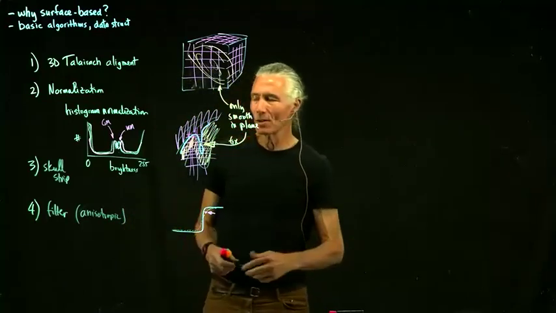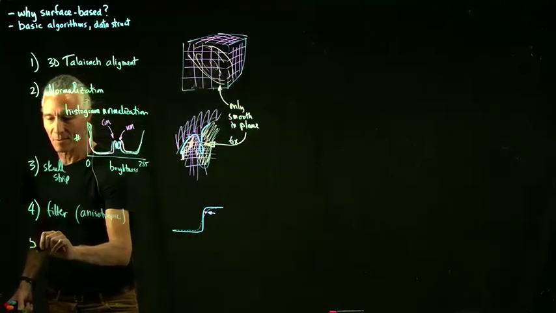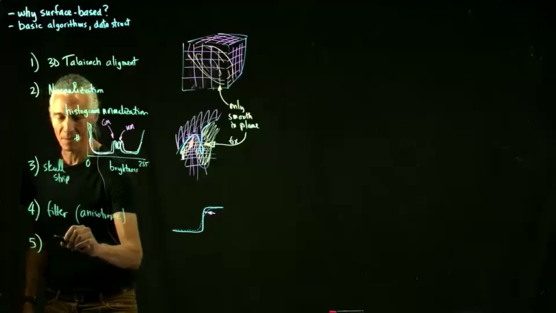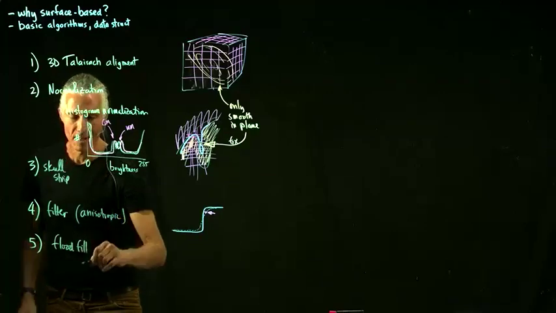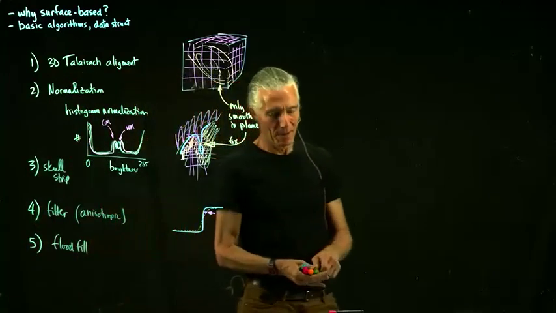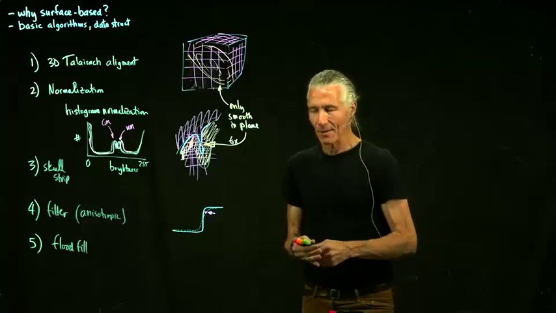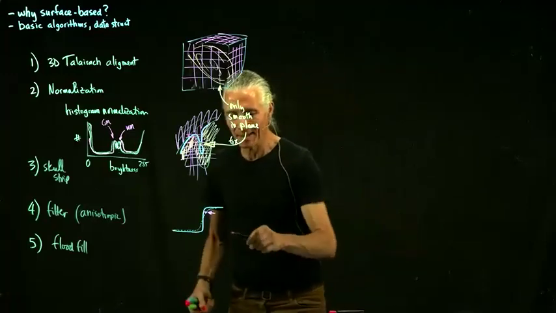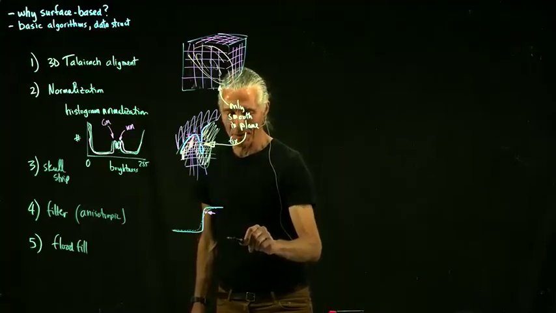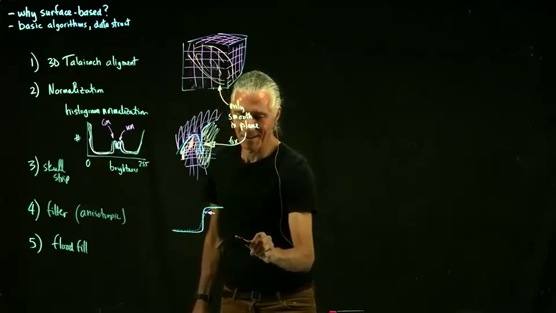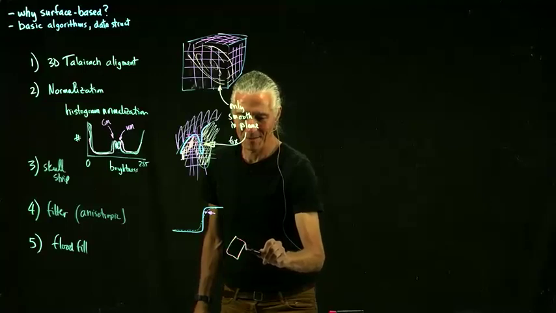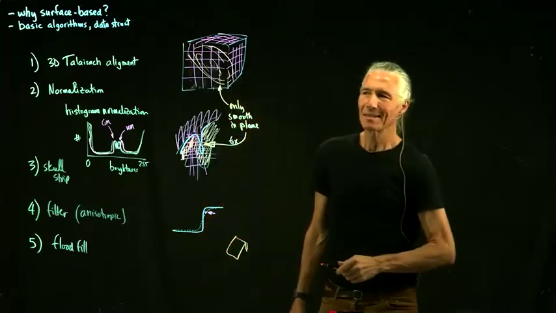But we still don't have a surface, so how do we make the surface? We make the surface by flood fills, something like the 3D version of the paint bucket in a paint program. If you pour the paint bucket, how does that work?